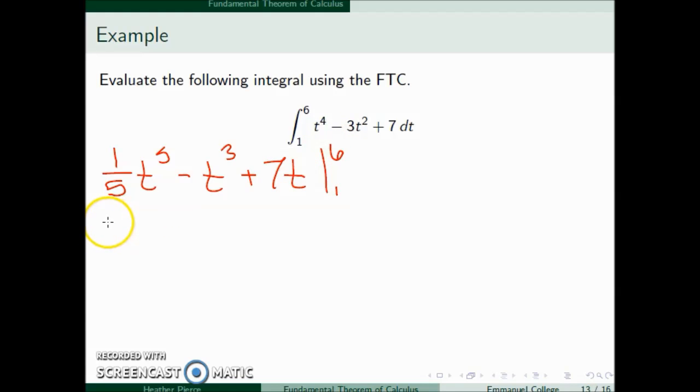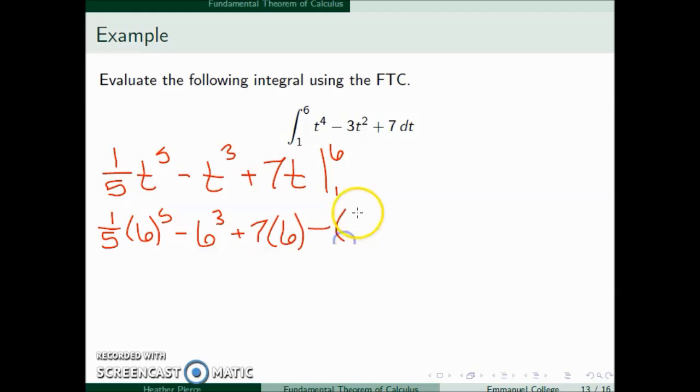So we start by evaluating at 6. This is 1 over 5 times 6 to the 5th minus 6 cubed plus 7 times 6. And then we subtract, evaluating at the lower limit.